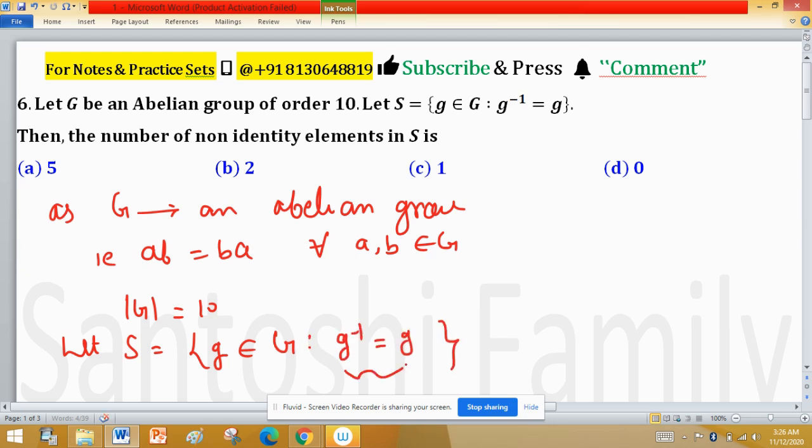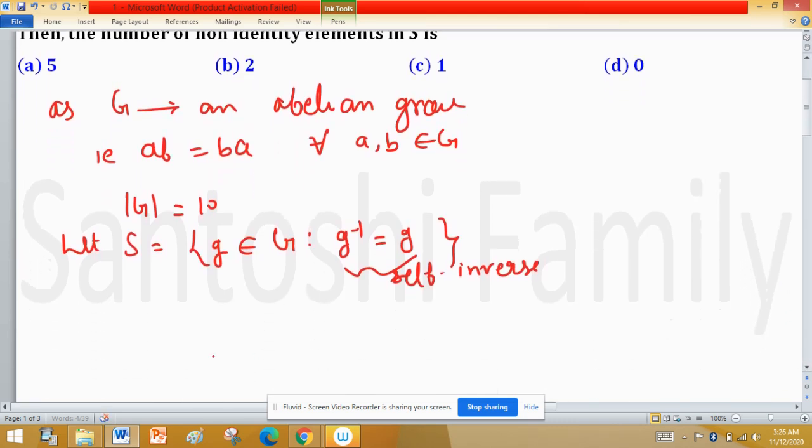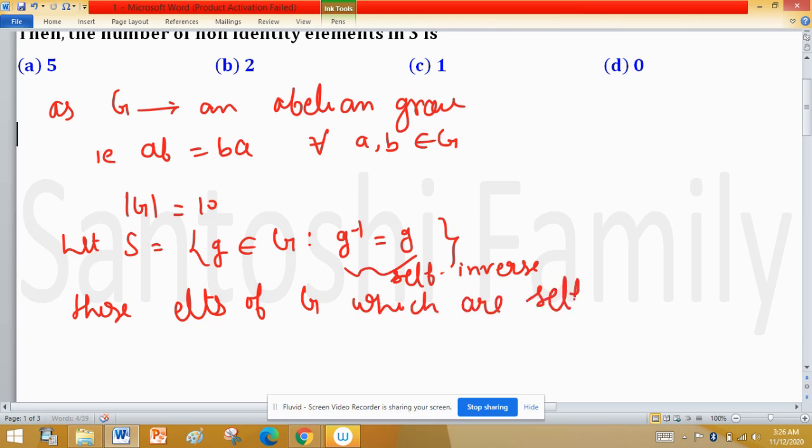It means self inverse. Means those elements of G which are self inverse will belong to S.